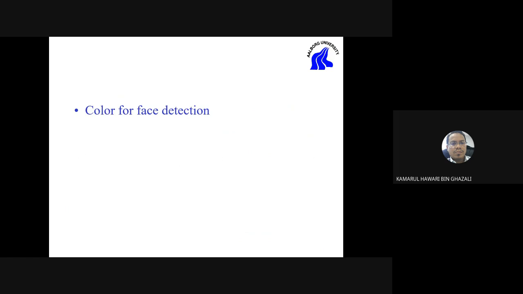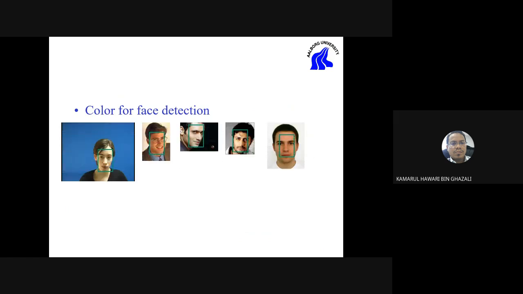Okay, for face detection, this can also be based on color. But nowadays, people do face detection by using machine learning or deep learning. This is the conventional method based on color, right?